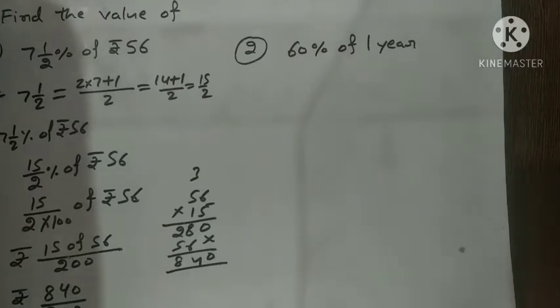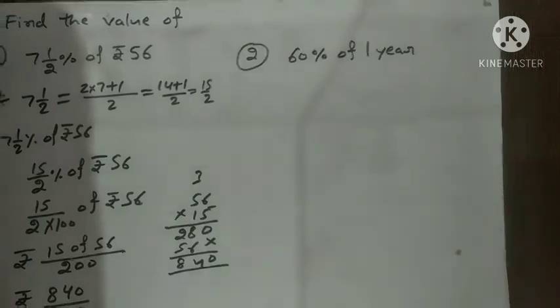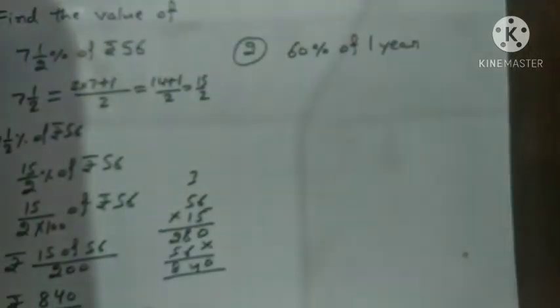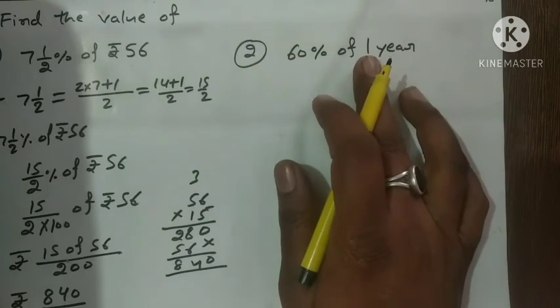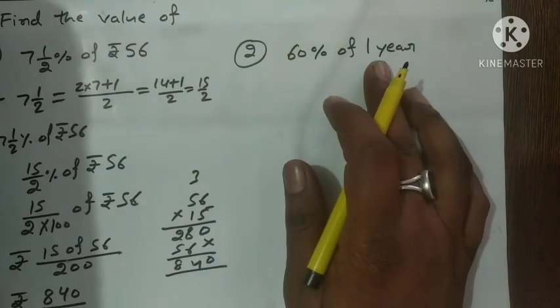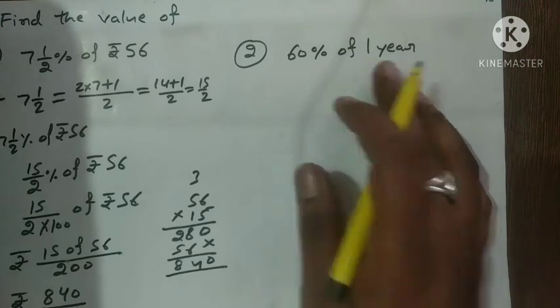Dear student, now we are going to solve this sum. Here in this sum, we have to find 60% of 1 year. Now dear student, you know that this is 1 year. Now I can convert this into days. So 1 year has 365 days, or 366 days in case of a leap year.